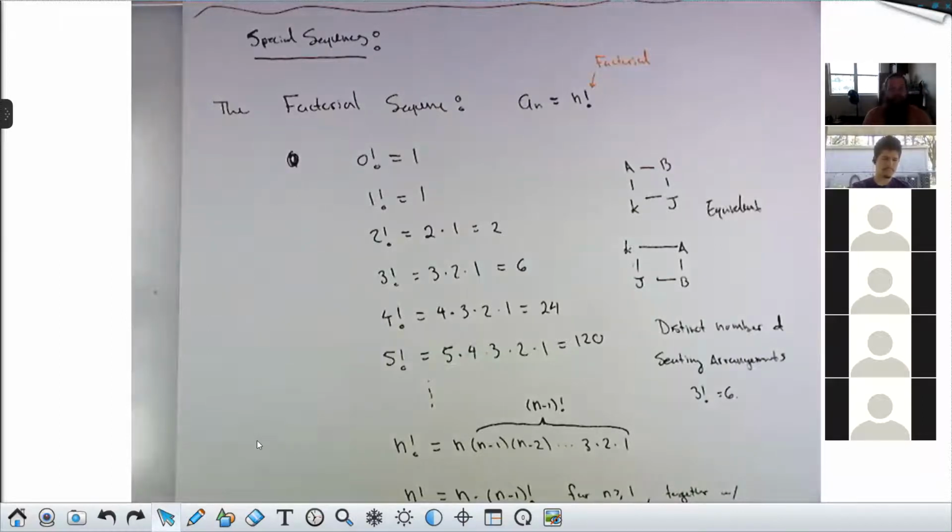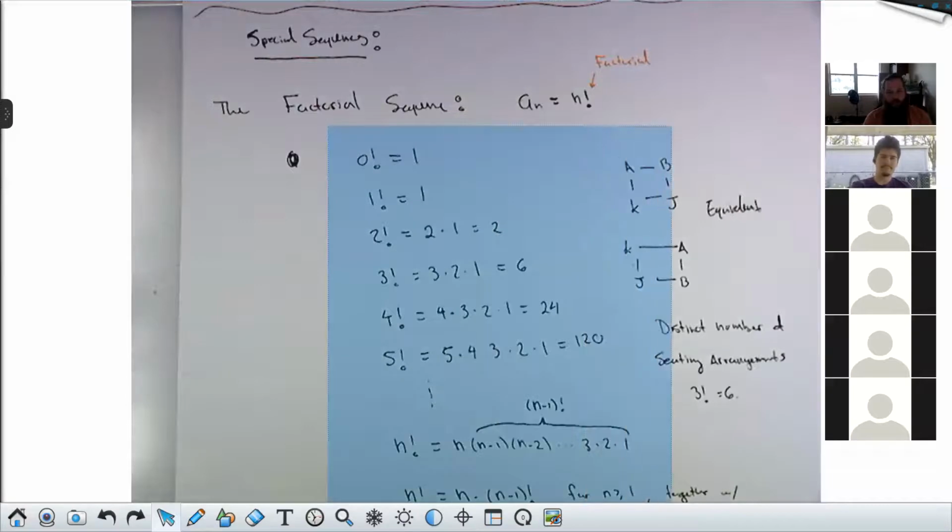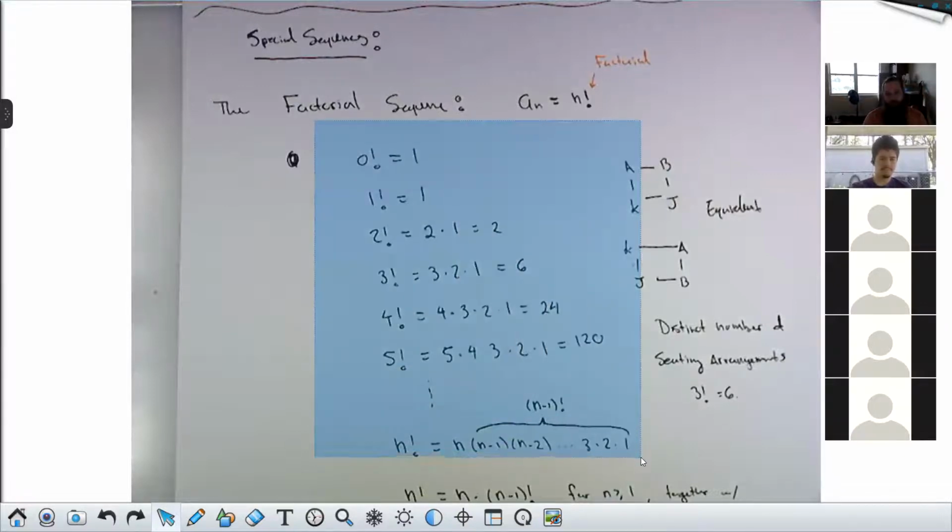I know it's weird. For our purposes, none of that weird stuff matters. I'm just trying to get you guys comfortable with this thing as a sequence. So don't worry about the gamma function. Don't worry about what gamma of 1/2 is. Just focus on getting comfortable doing algebra with this thing under the assumption that whatever's before the exclamation mark is a non-negative integer.